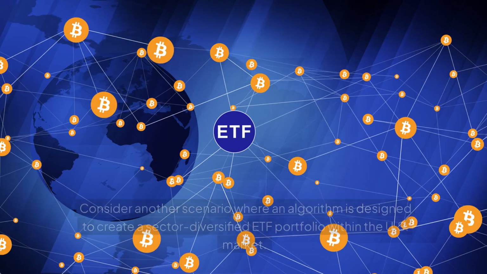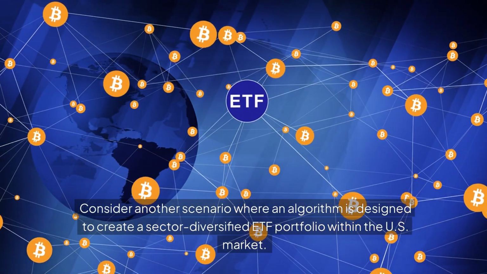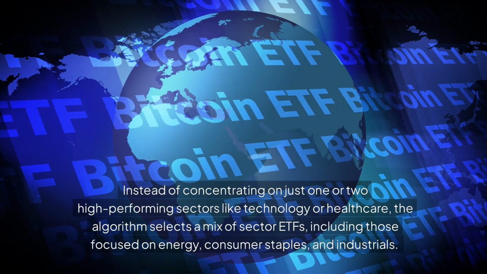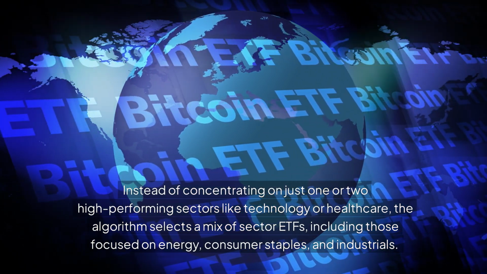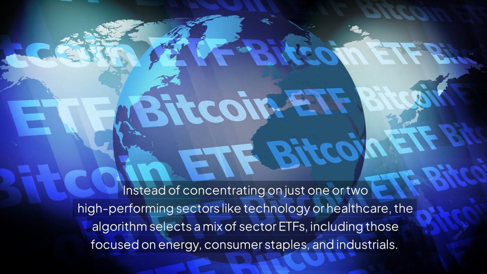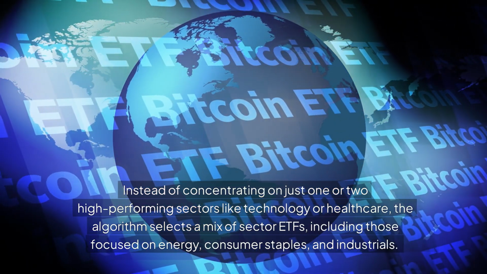Example 2. Consider another scenario where an algorithm is designed to create a sector-diversified ETF portfolio within the US market. Instead of concentrating on just 1 or 2 high-performing sectors like technology or healthcare, the algorithm selects a mix of sector ETFs, including those focused on energy, consumer staples, and industrials.